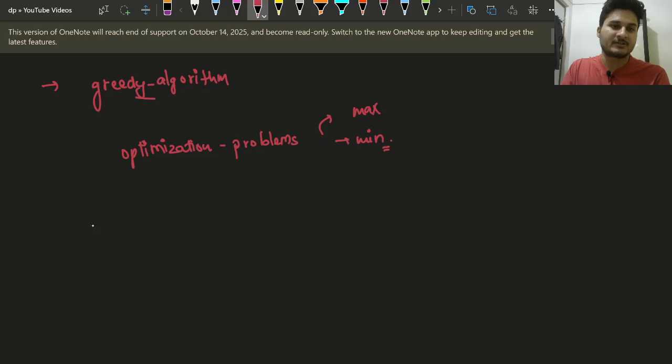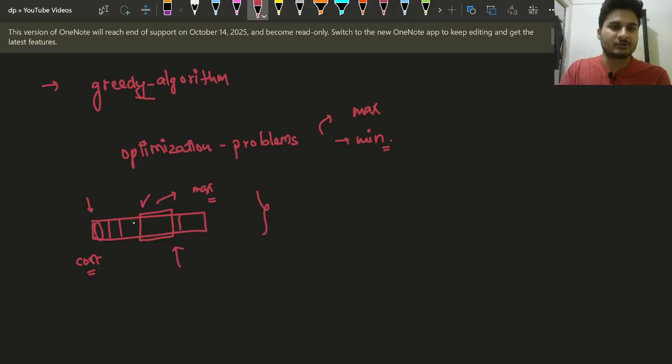So let's say for example you are given an array and then you have to, based on some condition, find the maximum sum or maximize the profit. Say this array has the cost of something, and you can buy at this cost, sell at this cost, and there will be various scenarios, right?